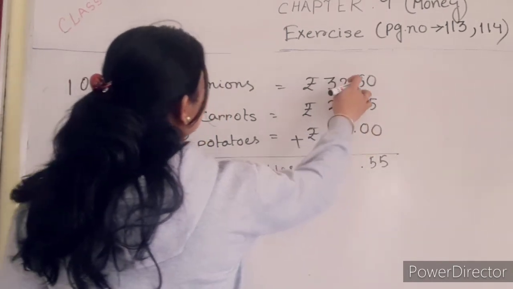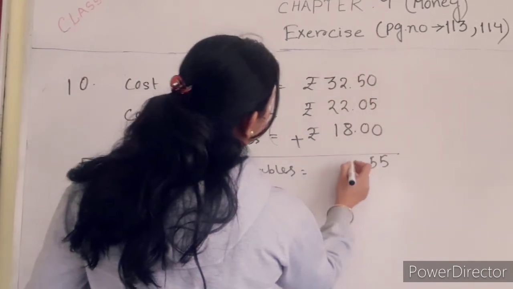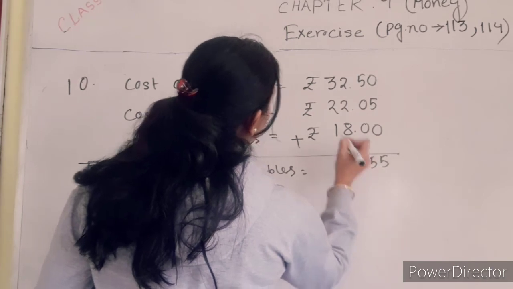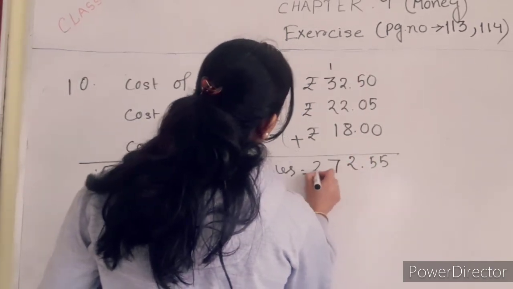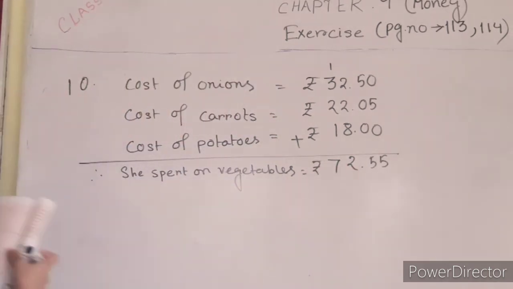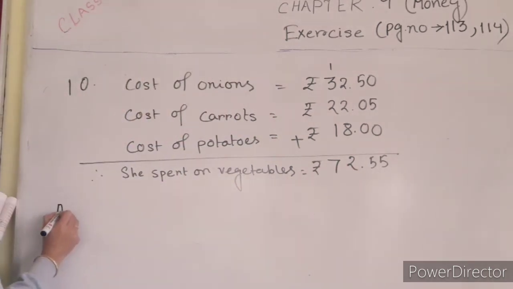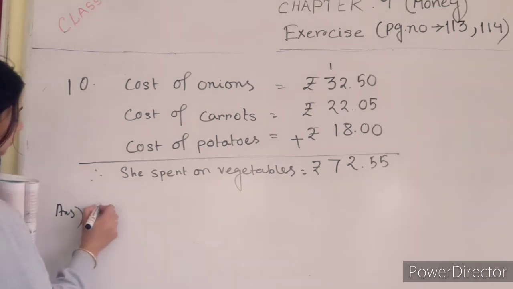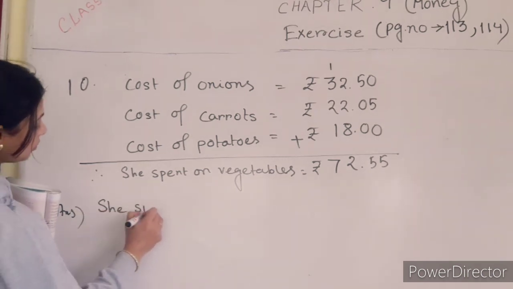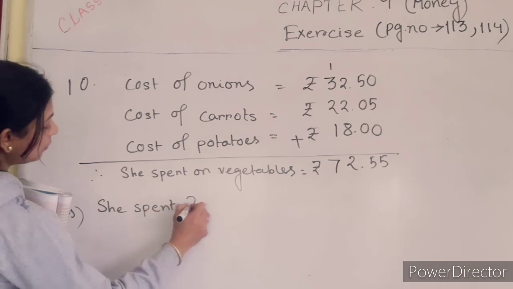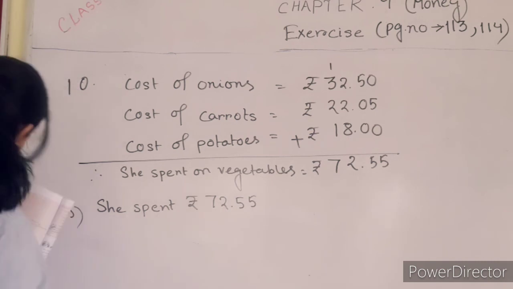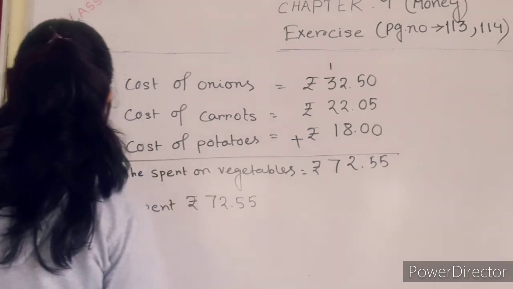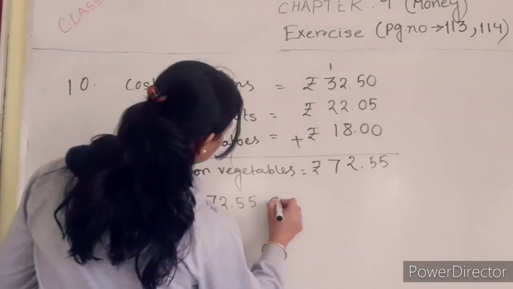Put the dot here. 2 plus 2, 4, 8 plus 4, 12. 1 is in your hand. 3 plus 2, 5, 5 plus 1, 6, 6 plus 1, 7. Rupees 72.55. Now the answer: how much did she spend on vegetables? She spent rupees 72.55 on vegetables.